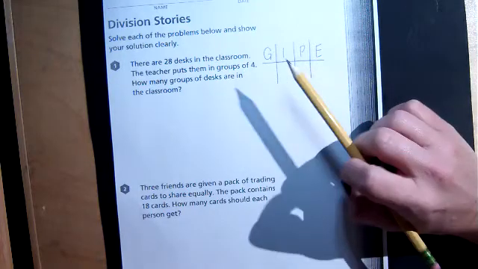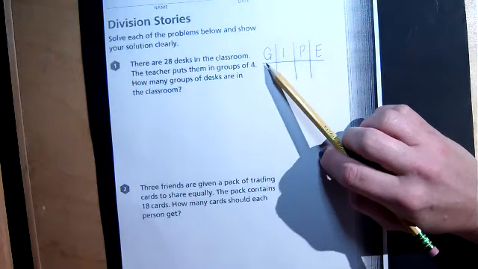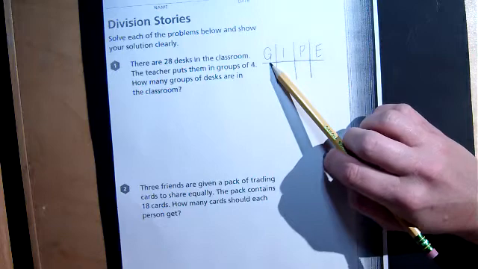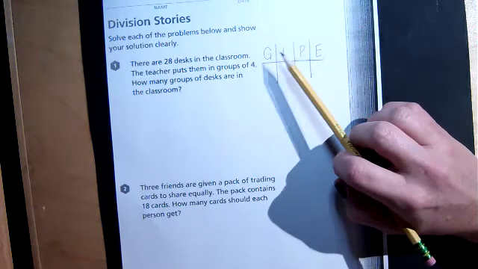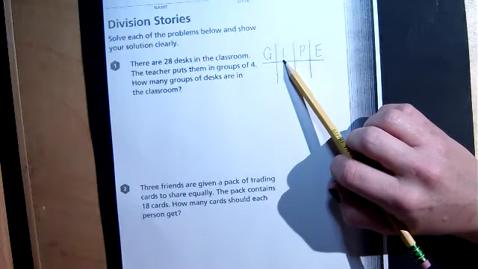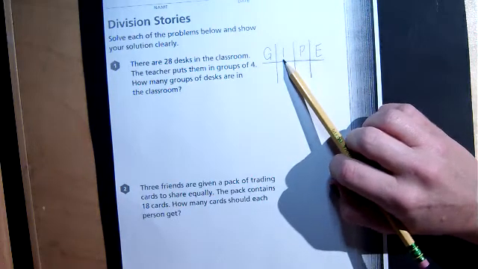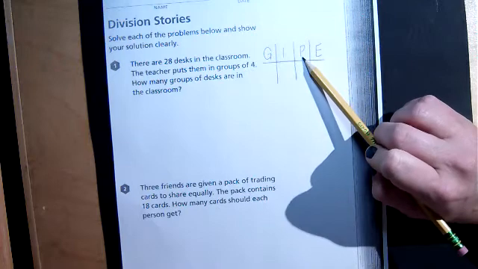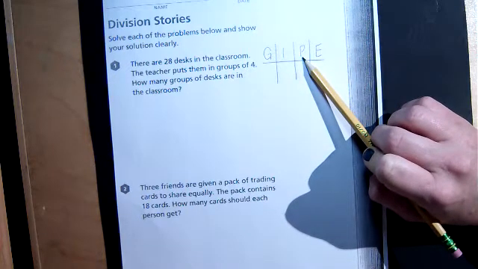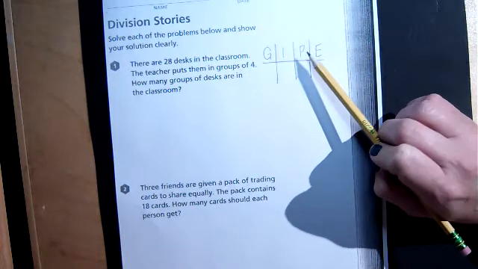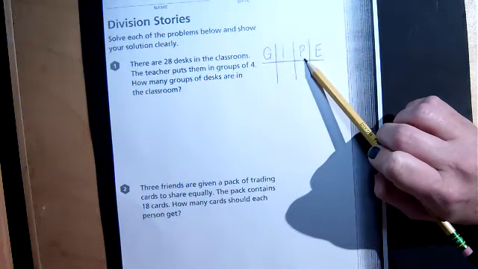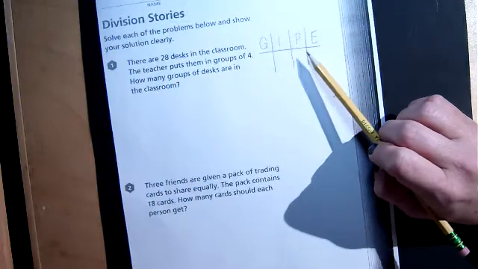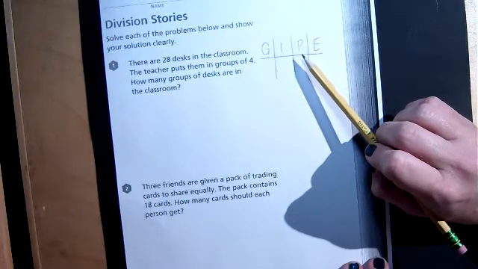So remember with multiplication that our G in GUYP is the number of groups of items in our story. The I is the number in each group. Our P, which stands for product, is actually a multiplication word. So for division, we really need to start using the word total, which means all of the things in our story.